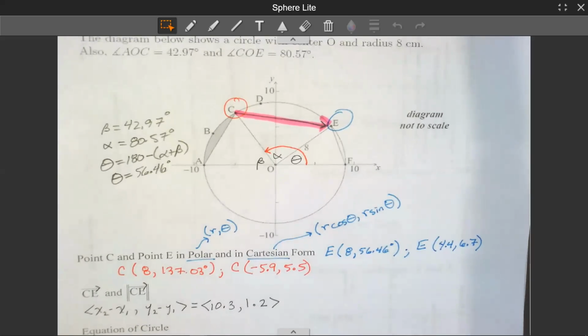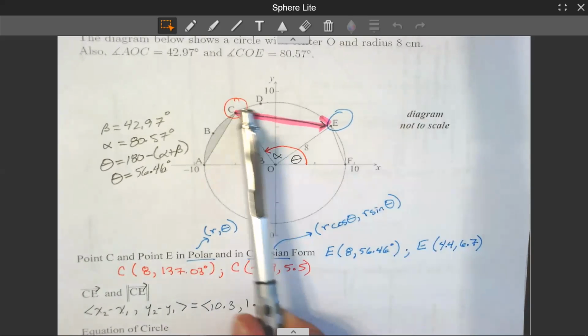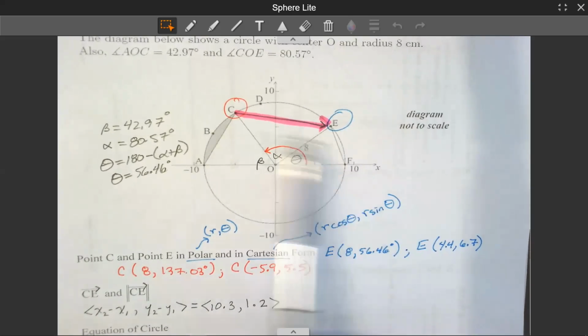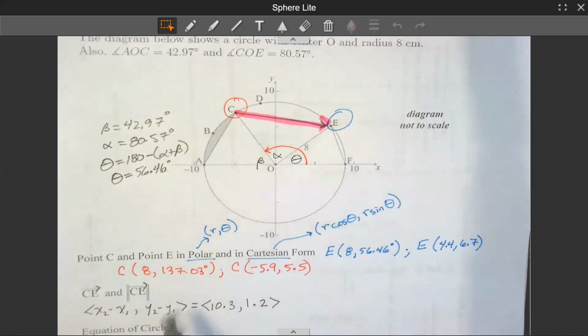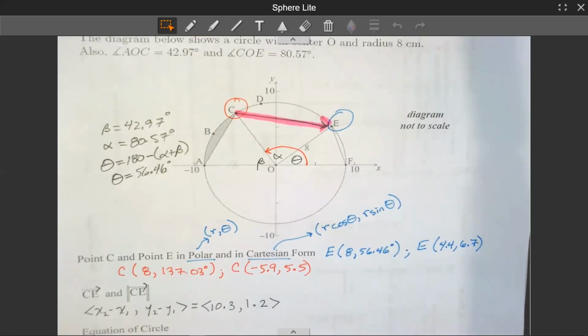1.2. And notice that this does say it's not drawn to scale, so even though it looks like it's going down, based on what these angles all are for this setup, we're actually indicating that we're going up 1.2. So be careful as to whether or not your diagrams are drawn to scale.